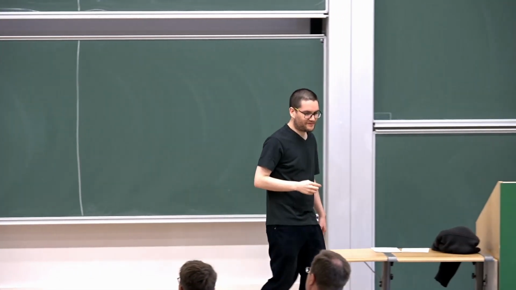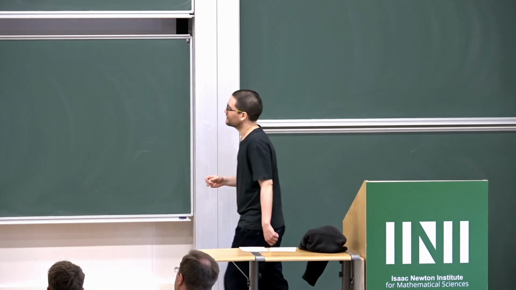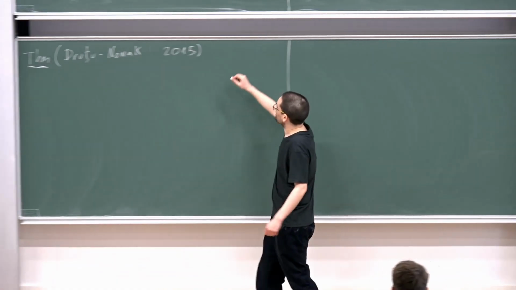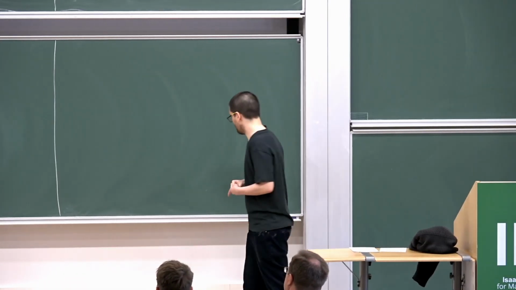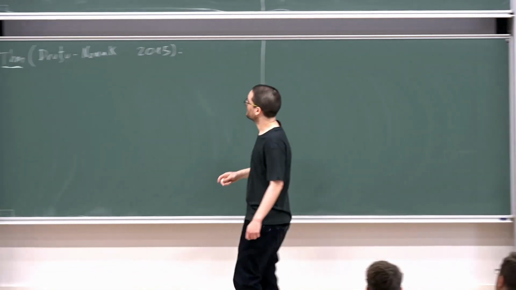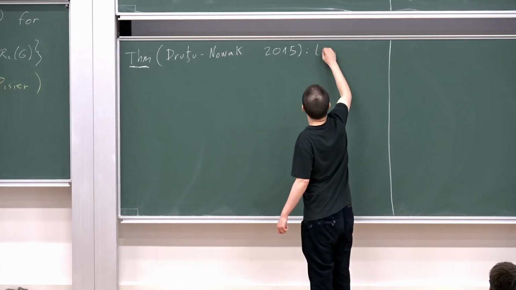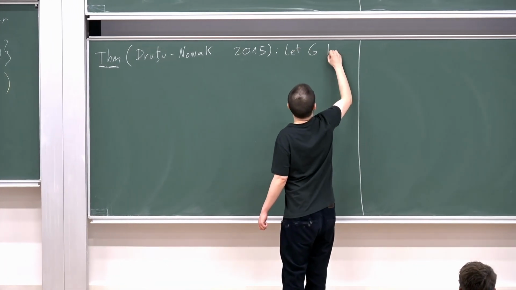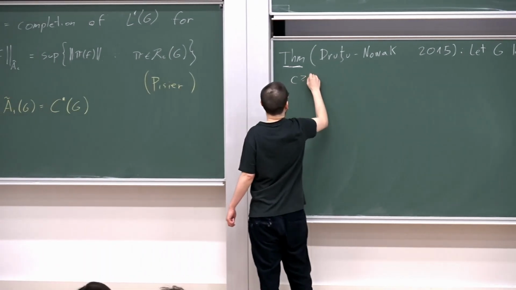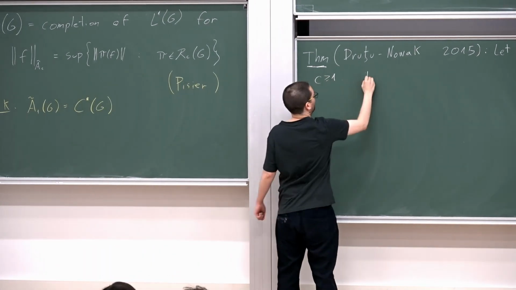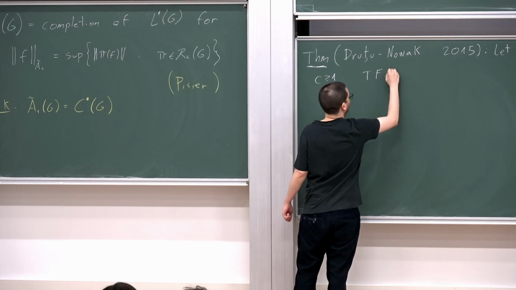So they have a very general result, which I'm going to state just in my very particular case. And so it says the following: let G be a locally compact group as before, and C bigger than 1. Then the following are equivalent.